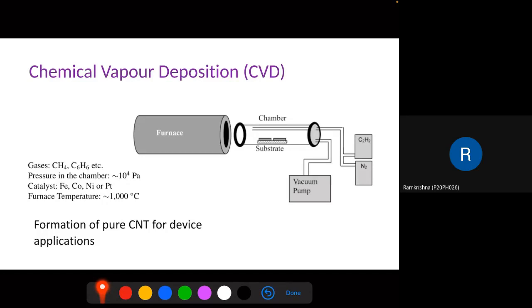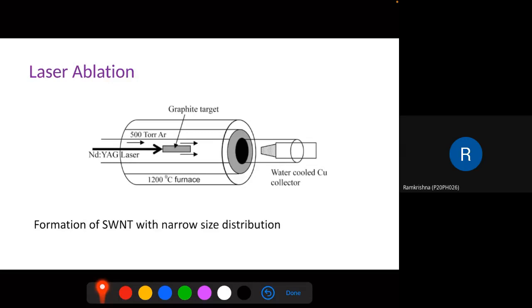And another method is laser ablation. So you have again a graphite target, and you put it in a furnace and you expose it to a high power laser in the presence of some inert gases, and then you get these carbon nanotubes. In this process you also get graphene as well.